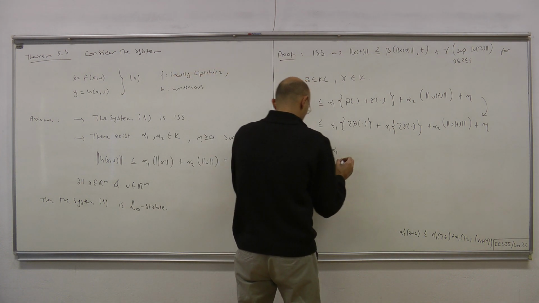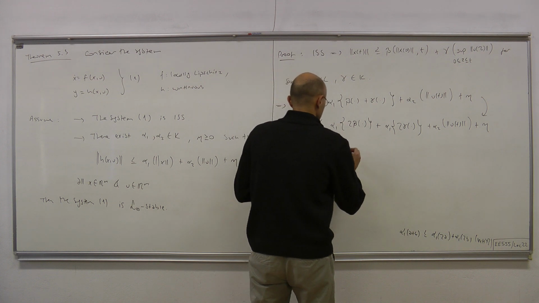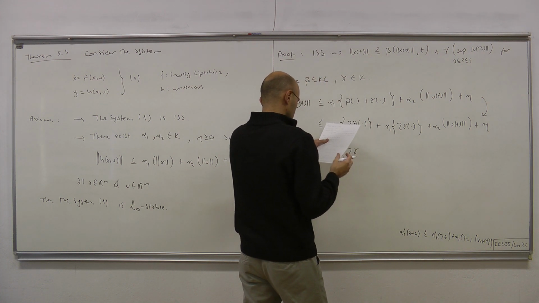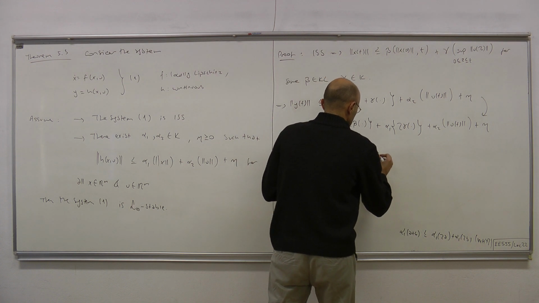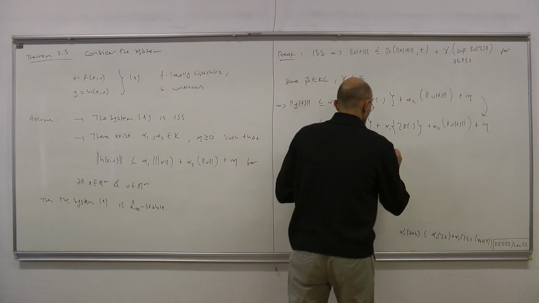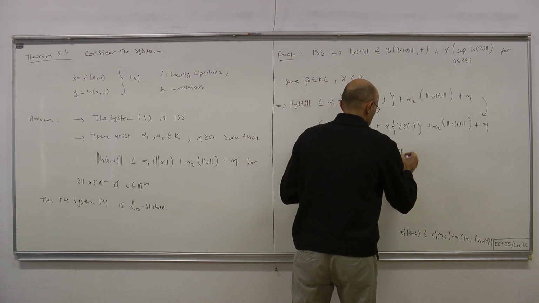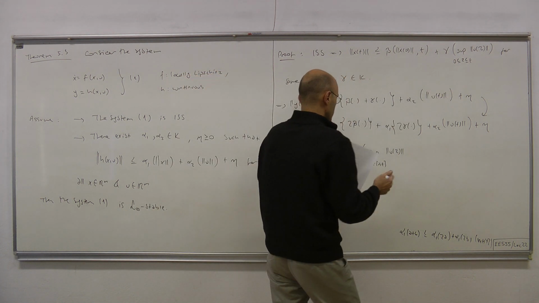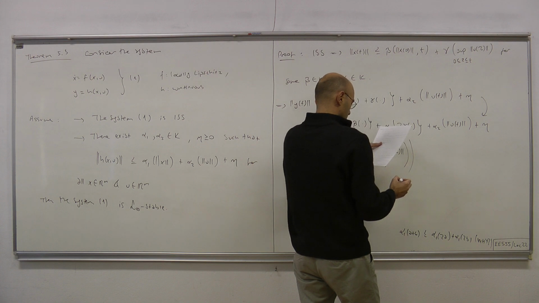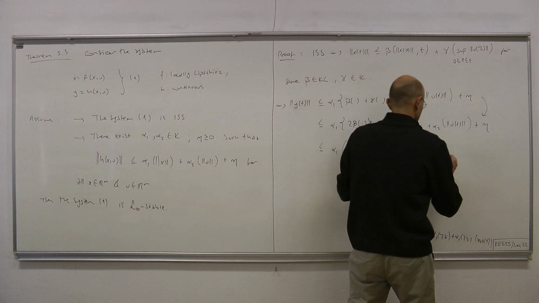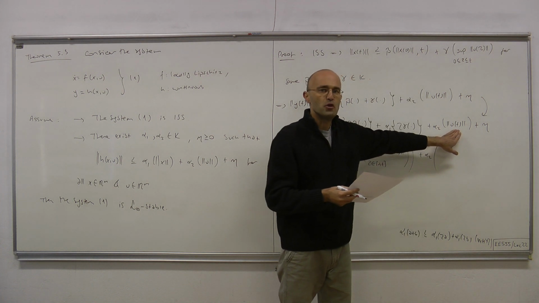So what we have is alpha 1 of 2 gamma, then we have the supremum over tau from 0 to t of the norm of the input. So this is the term we're talking about. Then we have plus alpha 2 of the norm of u of t.